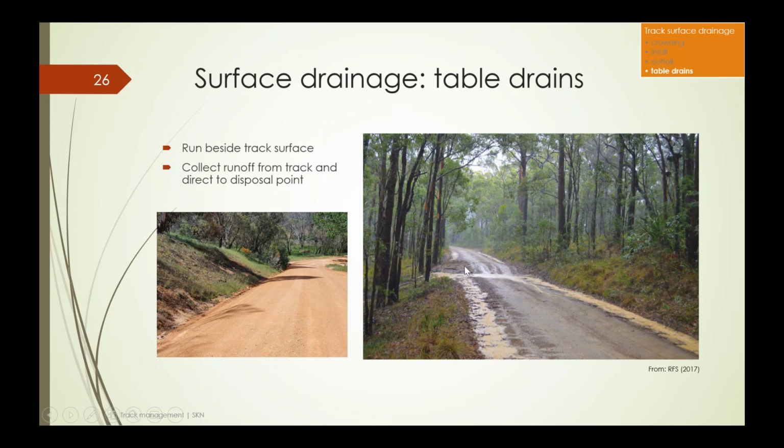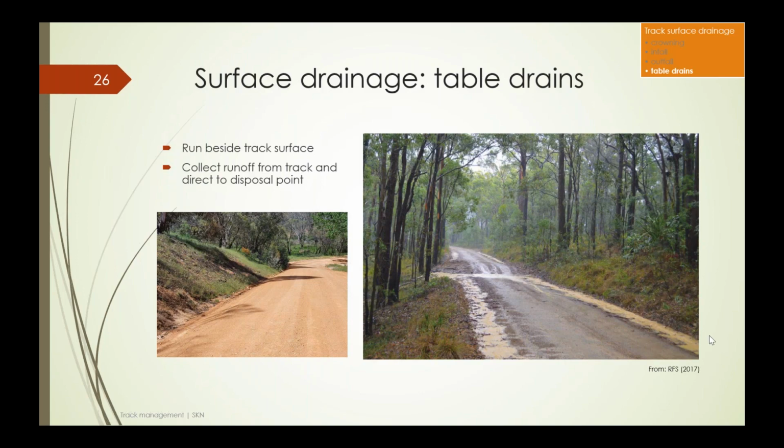In this case, you can see we've got a diversion bank, but in some cases that will be a culvert or a mitre drain. On the left side, water runs down the table drain to a point at the end of the cut batter and is able to drain out onto the forest just with a mitre drain.